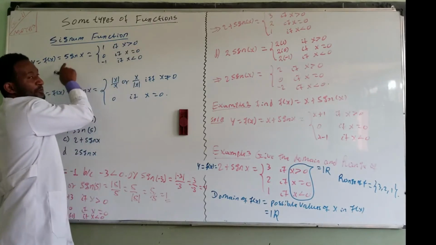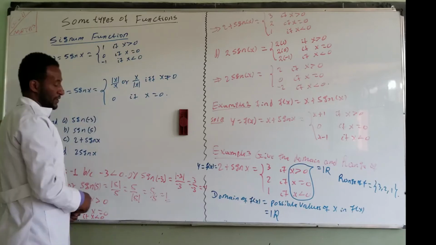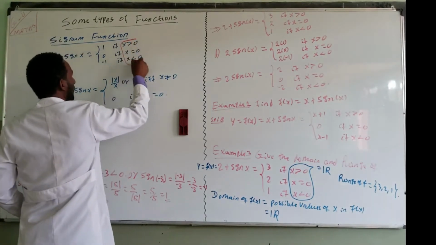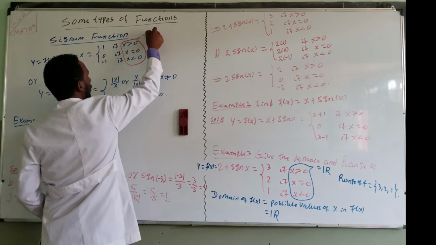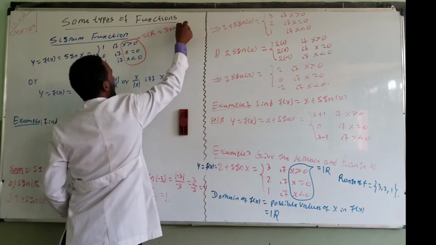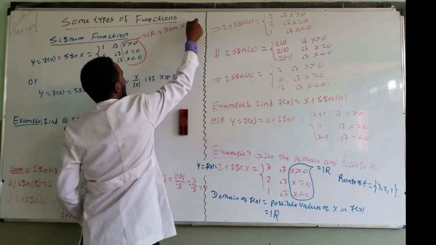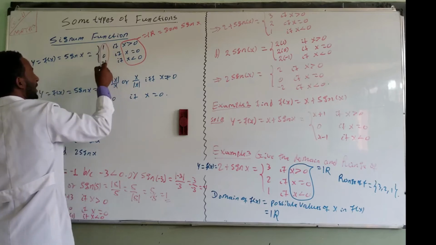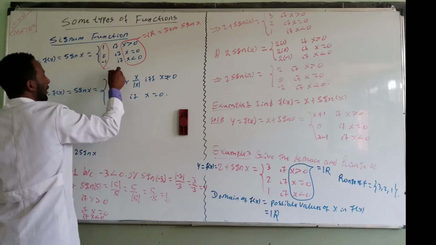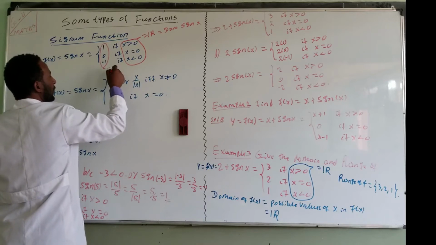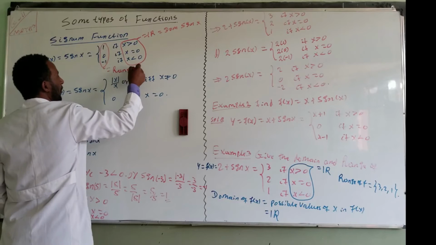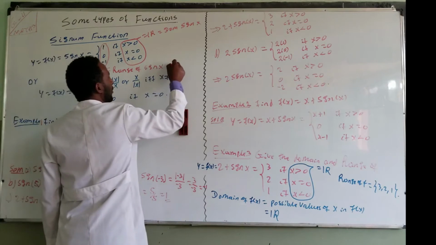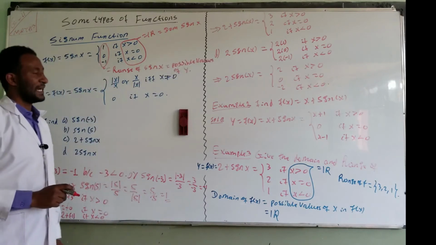Therefore, the domain of this function signum x is all real numbers, and for the range of this function, this is a possible value of x, which is equal to all real numbers, equal to the domain of signum x, and this value is a possible value of y, which is equal to the range of signum x, which is the possible value of y when y is equal to signum x.